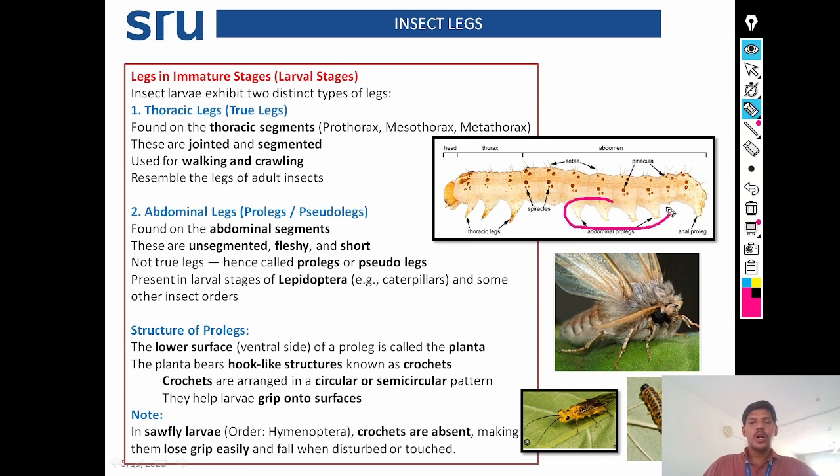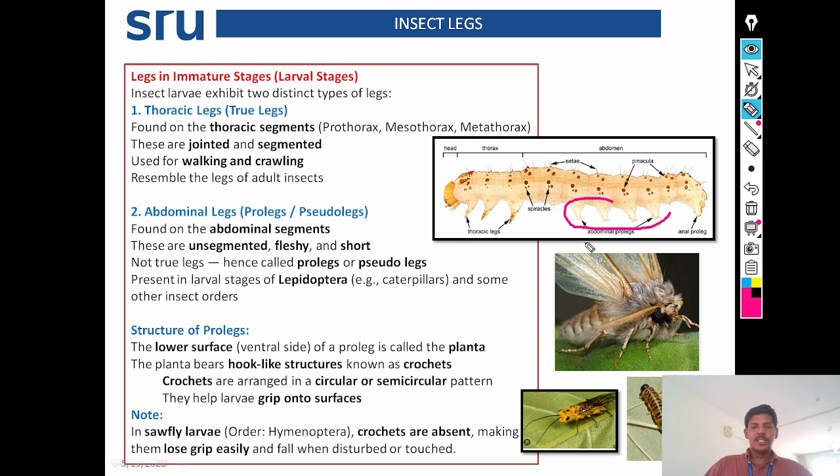These legs do not come into the adult stage. That's why the name pseudolegs. Found in the abdominal segments, these legs are unsegmented, fleshy, and short. Not true legs. That's why we call them prolegs or pseudolegs.